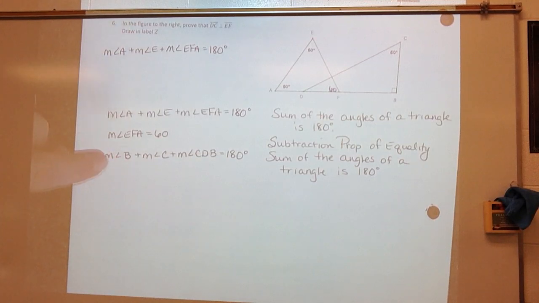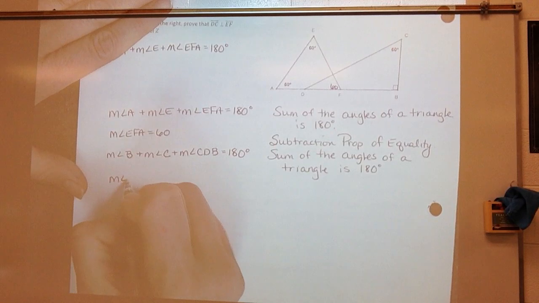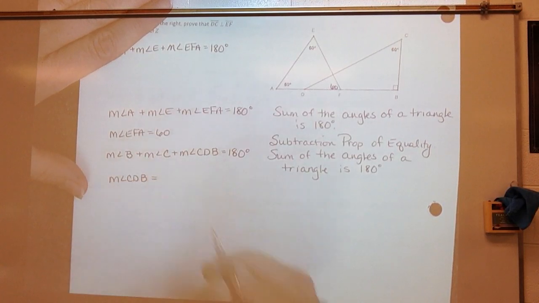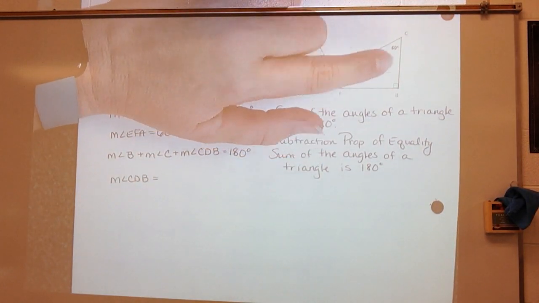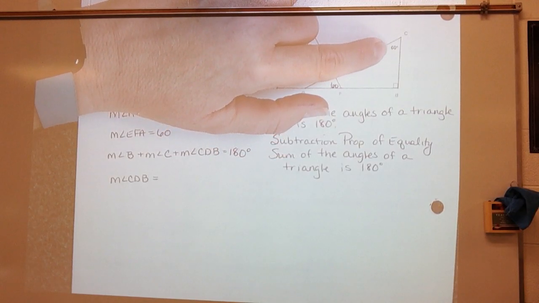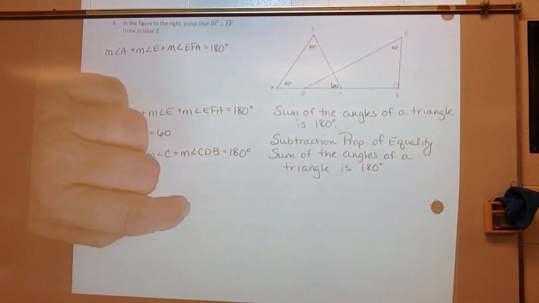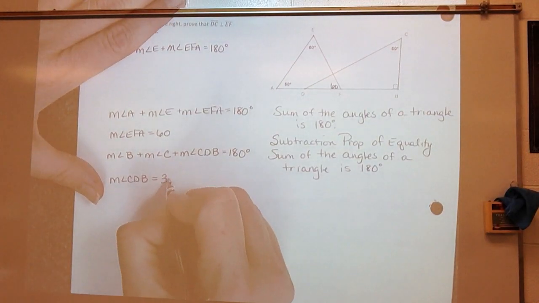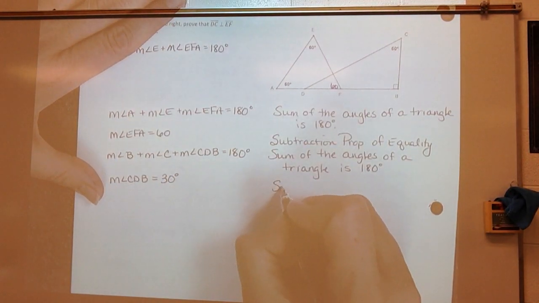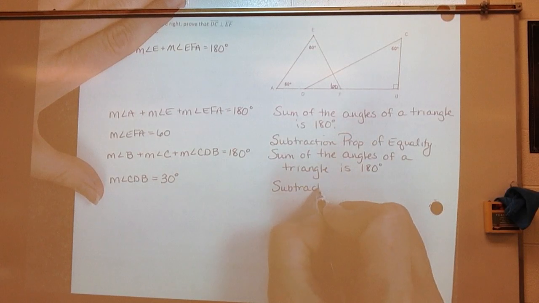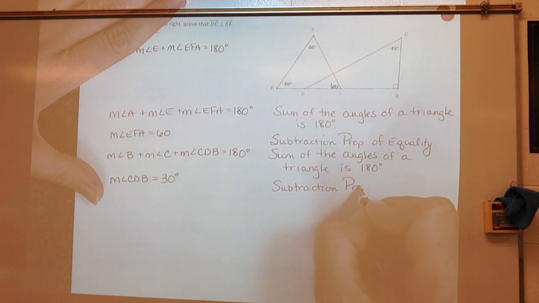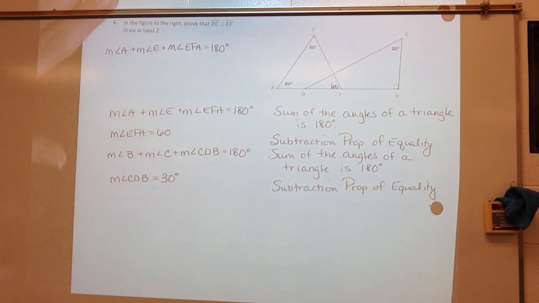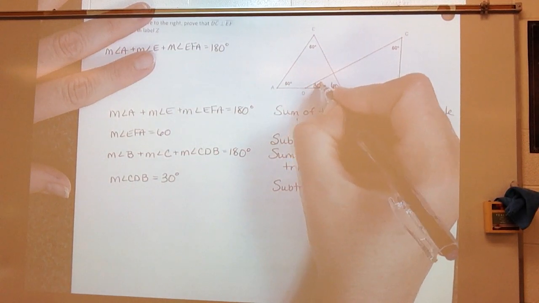Now can I figure out the measure of angle CDB? I can. 90 plus 60 is 150. 180 minus 150 is equal to 30. And once again, that's just the subtraction property. So now I know that this is 30 degrees.